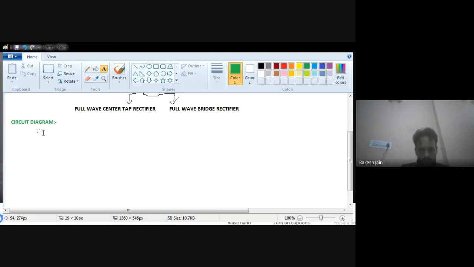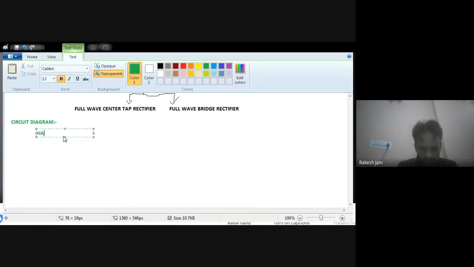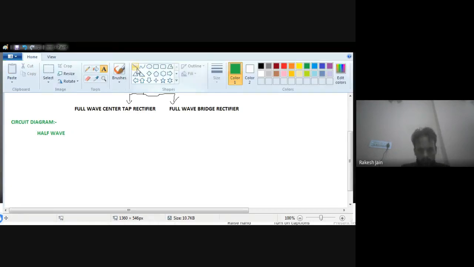Here I will draw the half-wave rectifier. You should be very careful about the basic circuit diagram. Here I will draw the full-wave center tap rectifier.